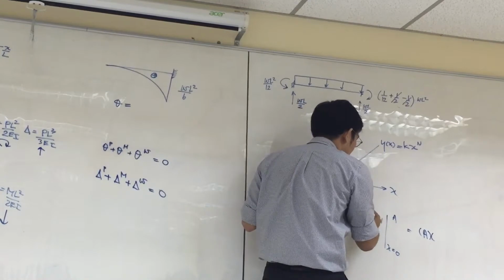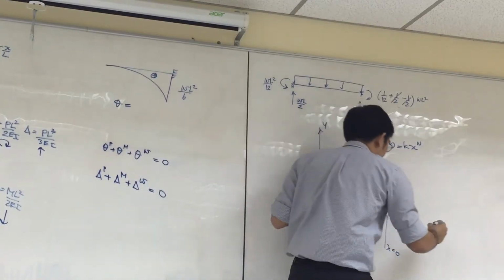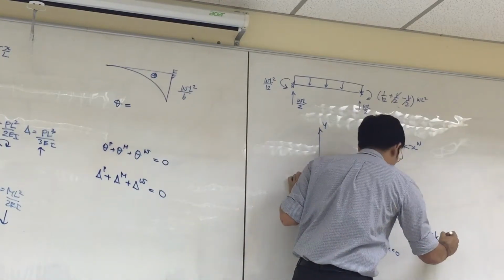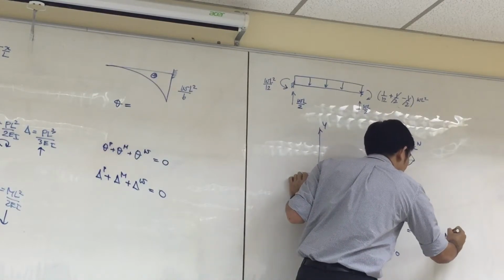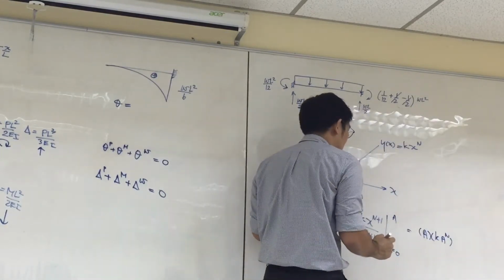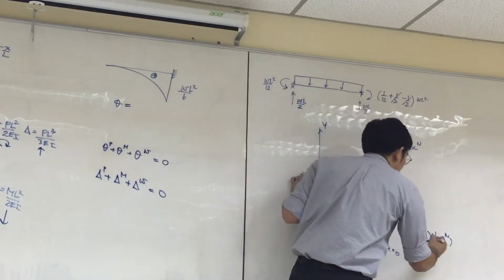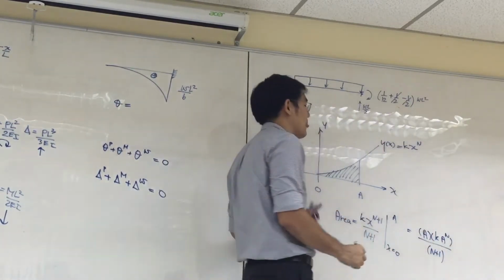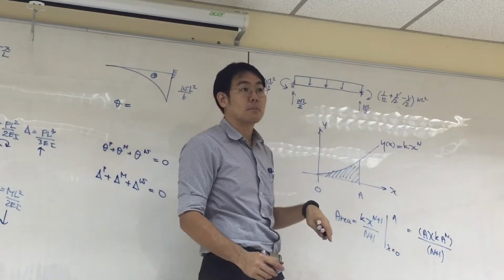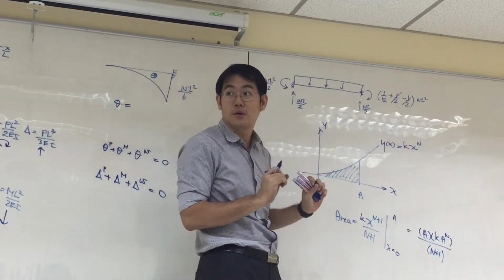So integrate, you will get kx to the n plus 1, divided by n plus 1. So that makes things easier for you to figure out.